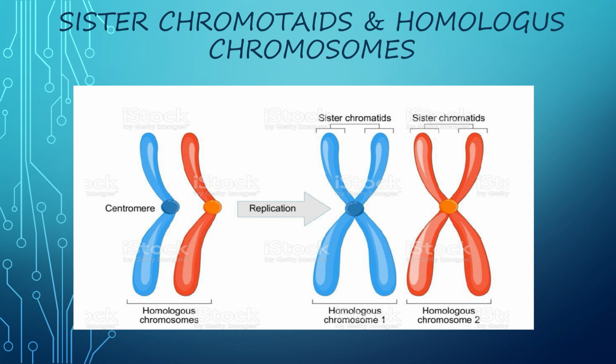Have a look at the duplicated copy of each blue and red chromosome. For example, two blue chromatids held together by a centromere are sister chromatids of the same blue chromosome.